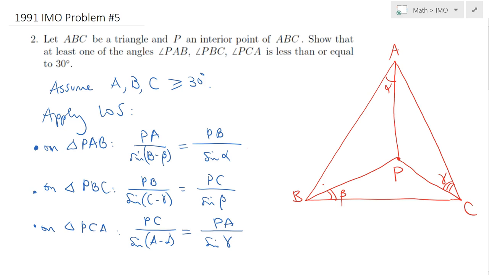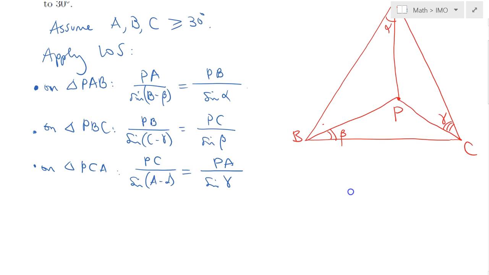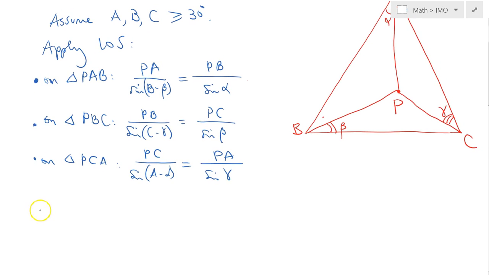And now finally, we can just multiply these expressions, but before I do so, I will bring the PB to this side and the sine of B minus beta to the other side, and then multiply.